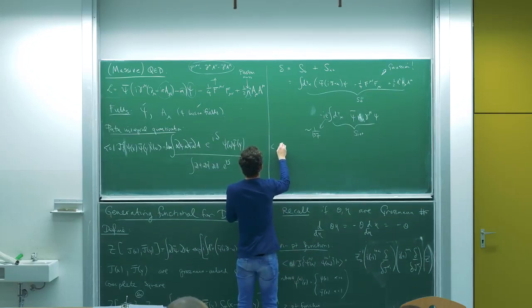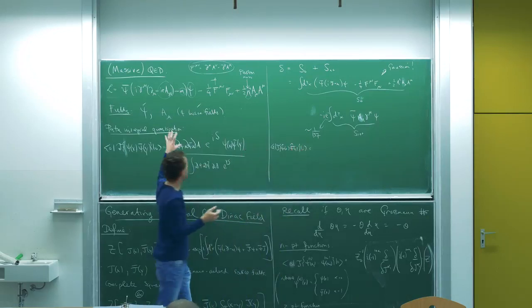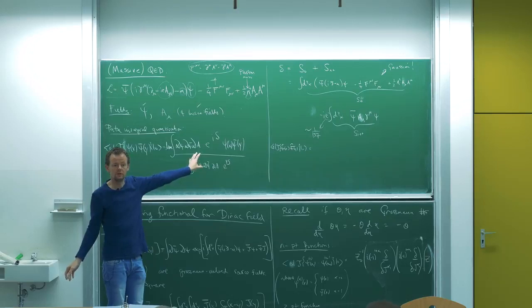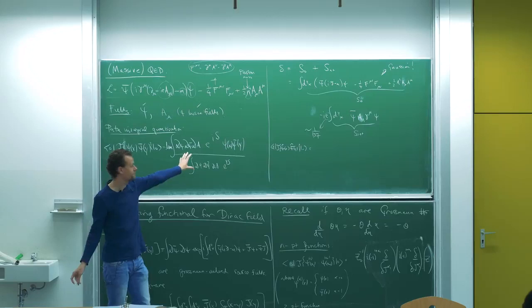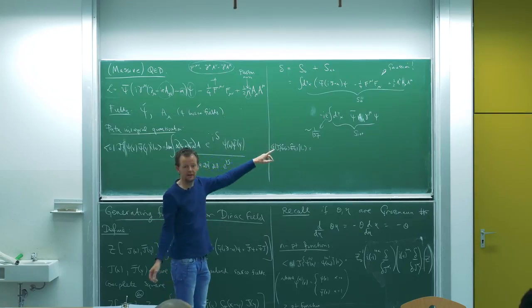So our two-point function, we can evaluate it by using Wick's theorem, which is otherwise known as do the Gaussian integral, applied to e to the IS naught, and we Taylor expand the hard bit.